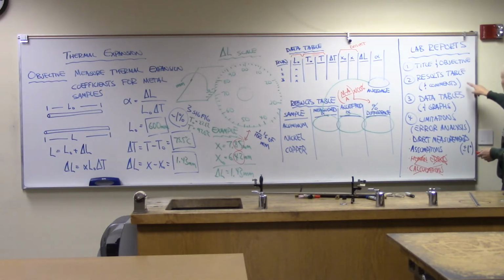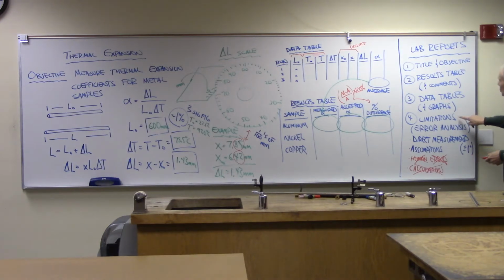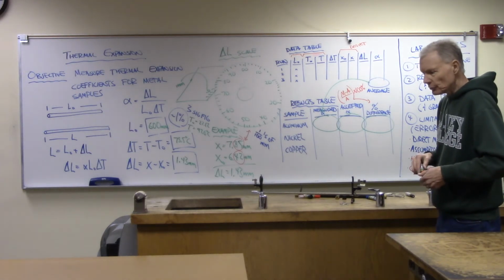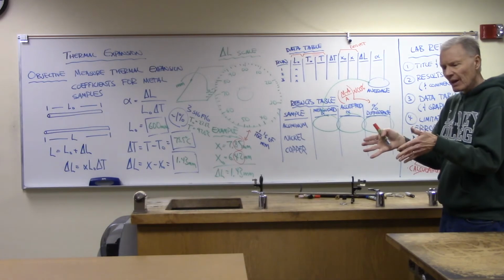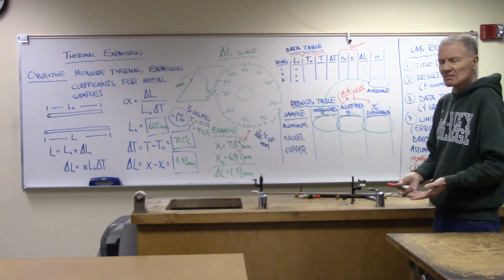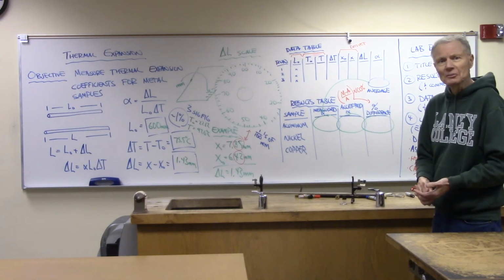So, results, data tables, limitations. The limitations are just an error analysis. Now, if your number doesn't match the accepted value, that's not an error.